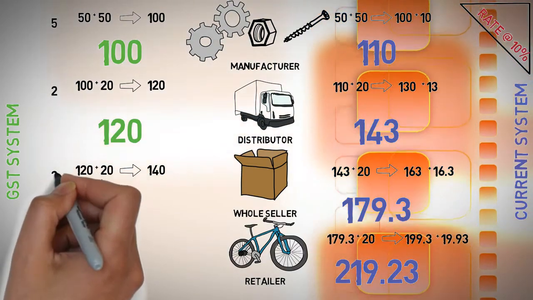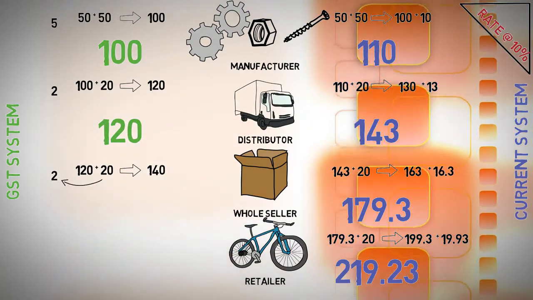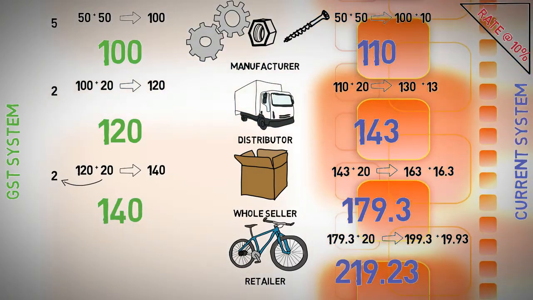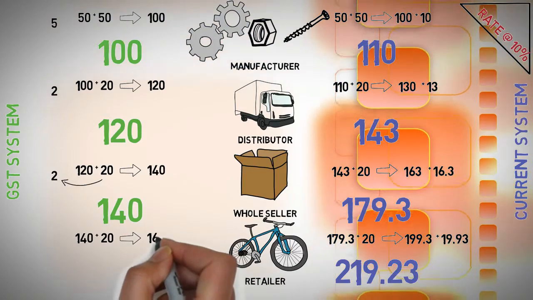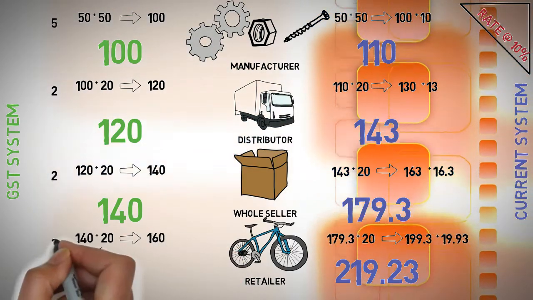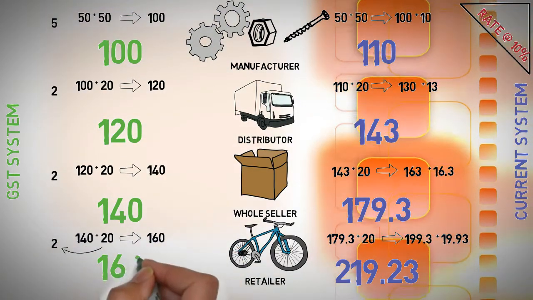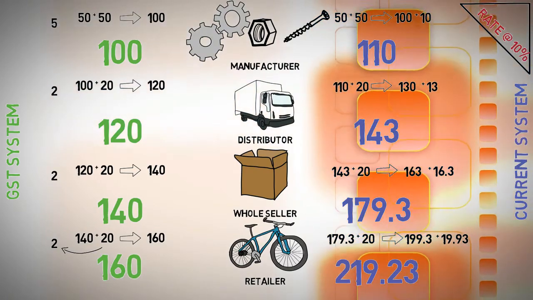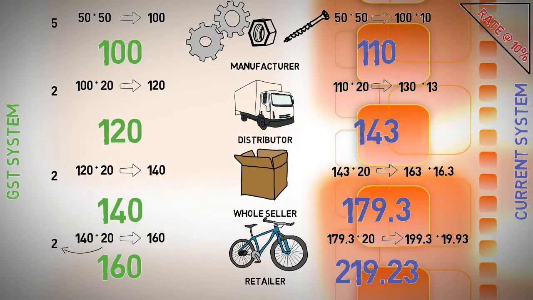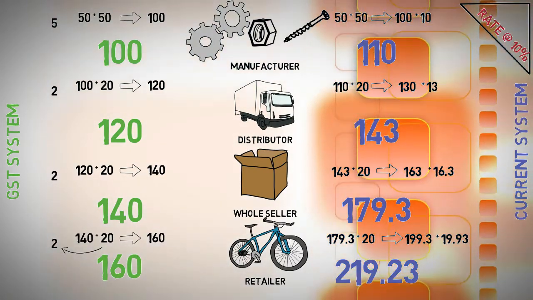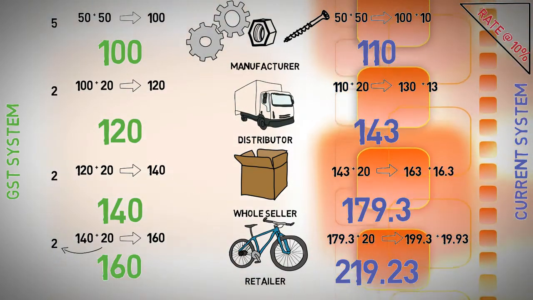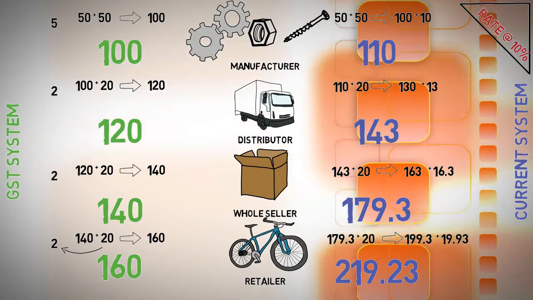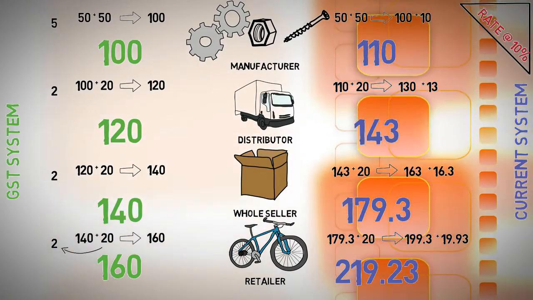The retailer buys the product for 140 rupees, adds profit of 20 rupees, pays taxes of 2 rupees on his profit and raises the final consumer price to 160 rupees. So, if the prices are compared, the product is 59.23 rupees cheaper in the GST system than the current system.